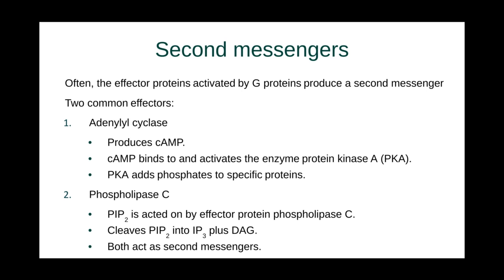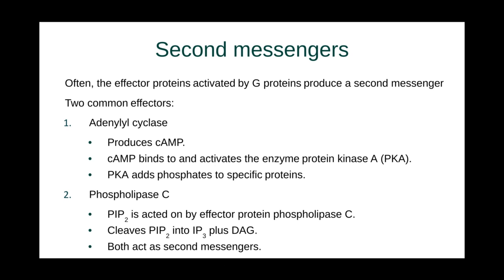The enzyme adenyl cyclase produces cyclic AMP. Cyclic AMP then binds and activates protein kinase A, PKA. As its name implies, PKA adds phosphate groups to specific proteins. That's all kinases do, right?